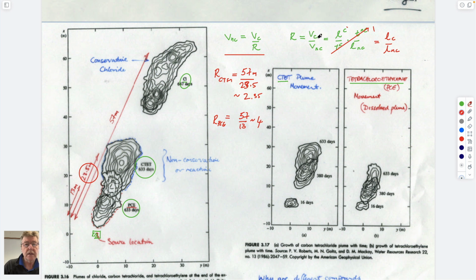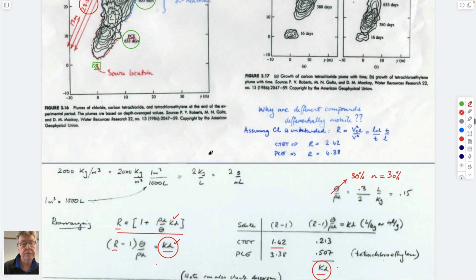The velocity of the conservative species is a length traveled in a given time. The velocity of the non-conservative is also a length traveled in a given time, sampled at the same time, and it's just the ratio of the lengths. And so we did that to get the retardation coefficients.